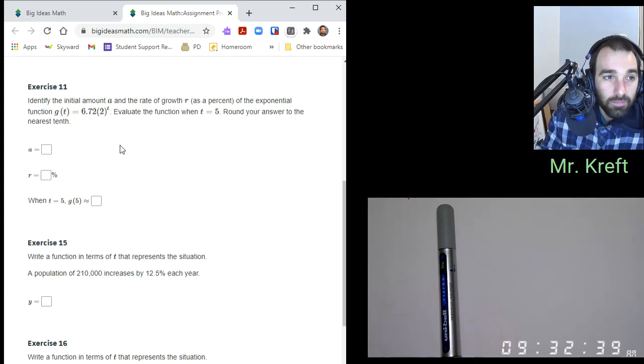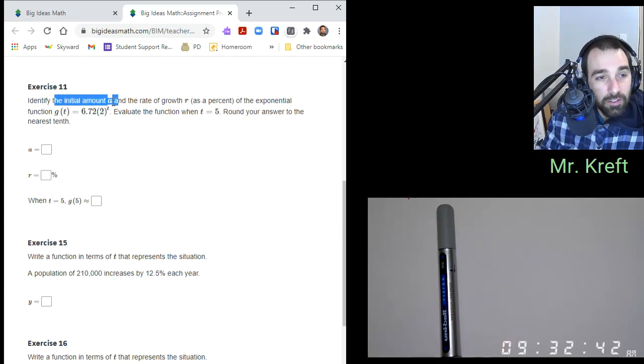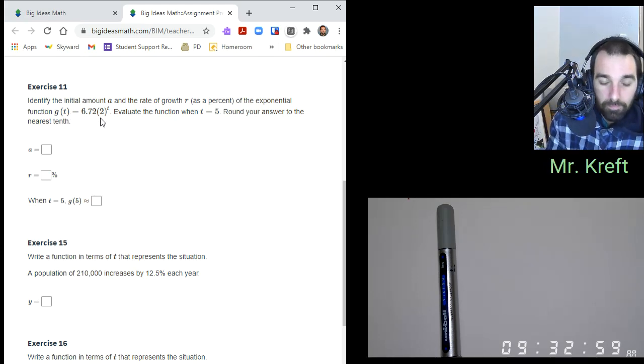So it says we're going to identify the initial amount and identify R as a percentage. And here's the function. The first thing, can you guys type this in chat? Looking at this function right here, look inside. Is this a growth or a decay?